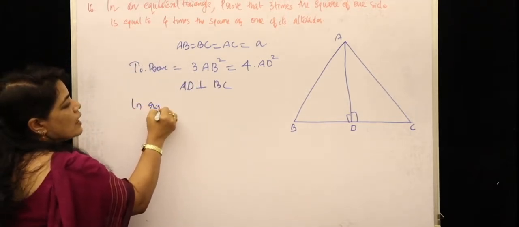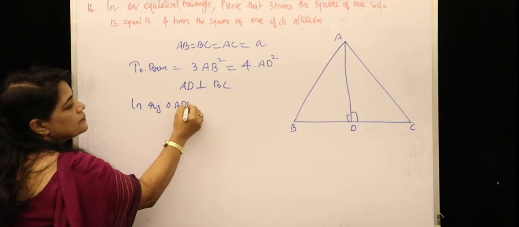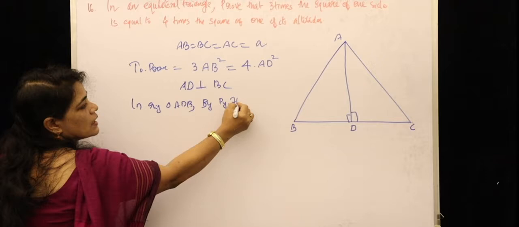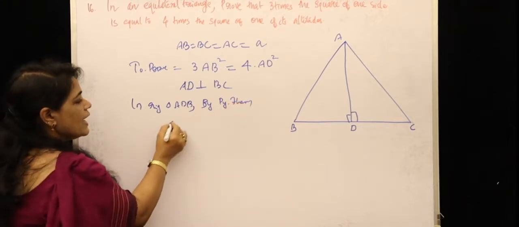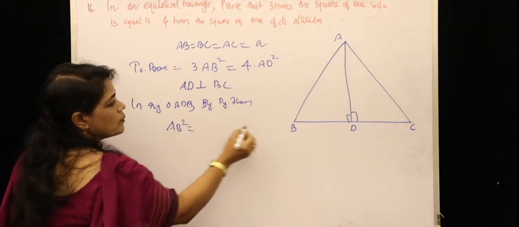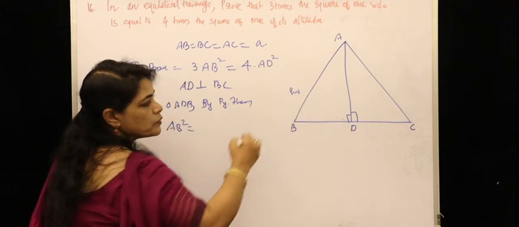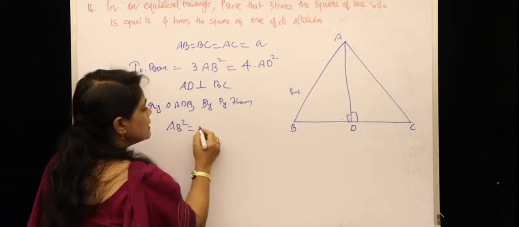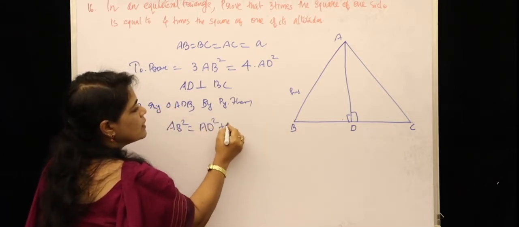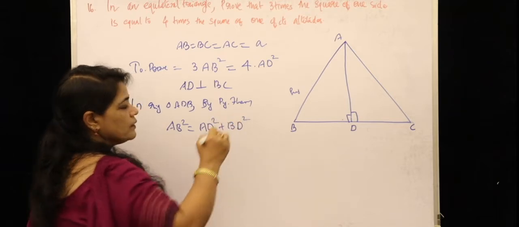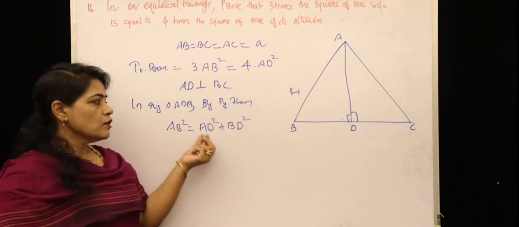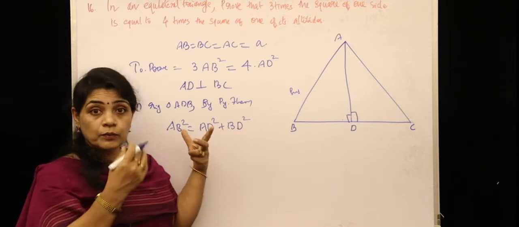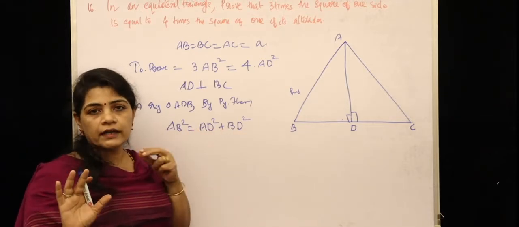In right triangle ADB, by Pythagoras theorem, AB square, the square of the hypotenuse, opposite to the 90 degree, equals AD square plus BD square. Here we have the square of one side and the square of the altitude, but we need a substitution for BD because in the required proof BD is not needed.